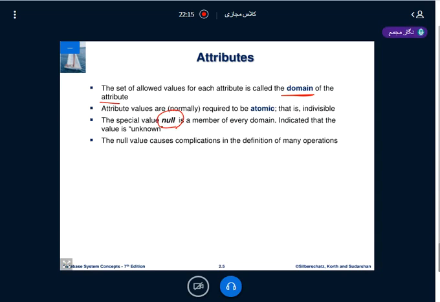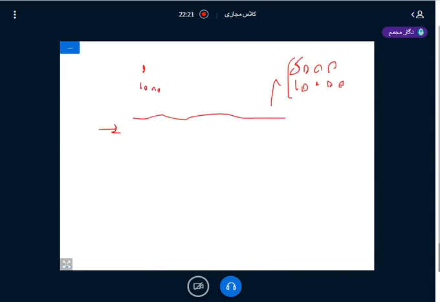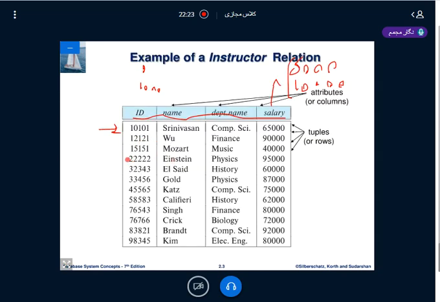When one of the attributes doesn't have any value, is empty, then we put null for it. For example, if we don't have a value for the salary, we can put null, N-U-L-L.